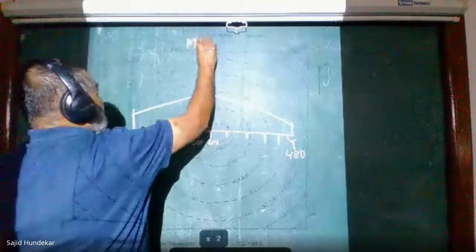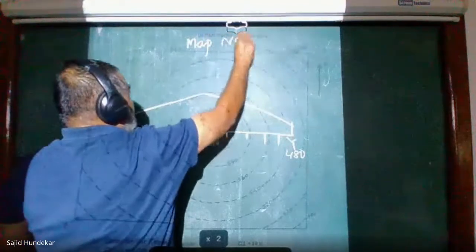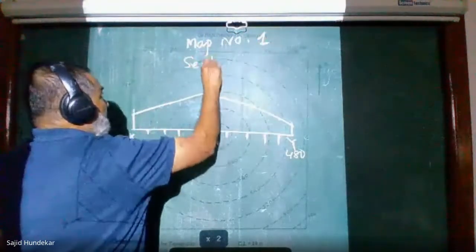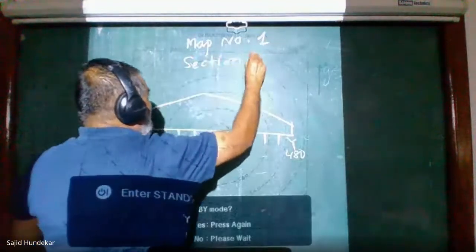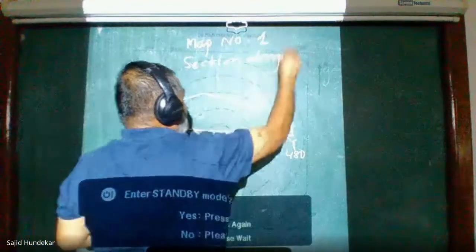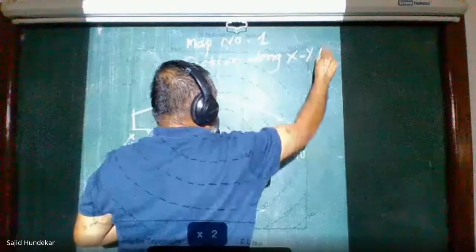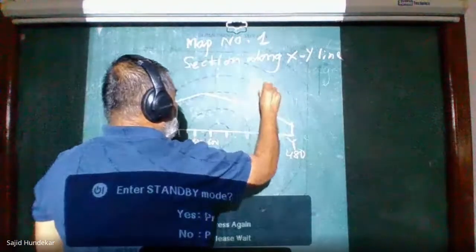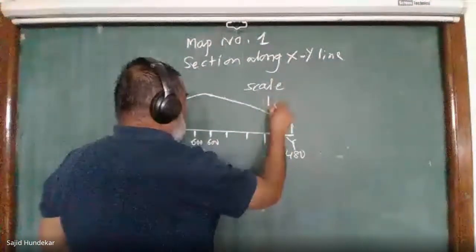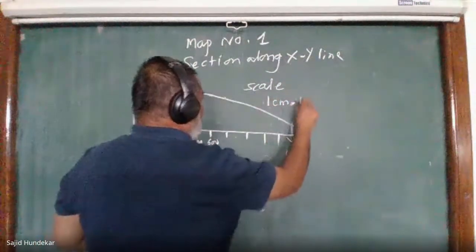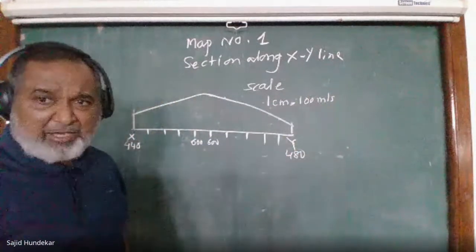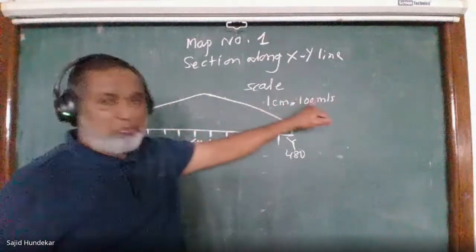Map number 1, section along x and y line. And the scale, what we have taken? The scale we have taken is 1 centimeter is equal to 100 meters. The scale we have used here is 1 centimeter is equal to 100 meters.